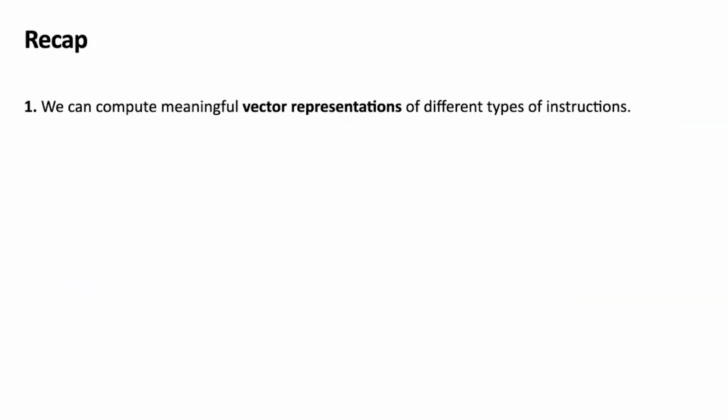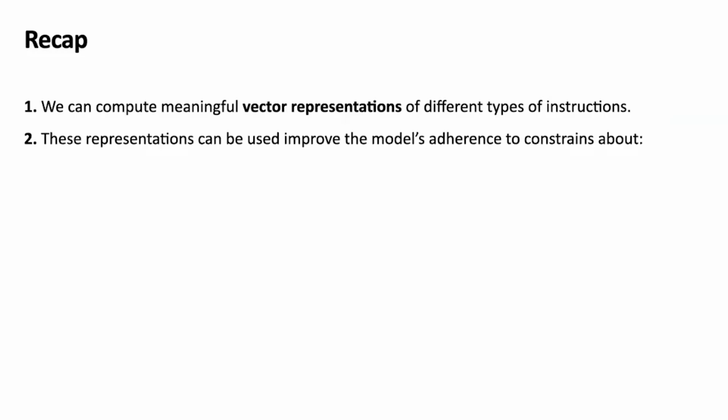To recap what we talked about today: in this work we showed that it's possible to compute meaningful vector representations of instructions, so user-specified instructions and constraints in the input. One can do that simply by taking the difference in the model's activations between two inputs that differ in the presence of the instruction we're interested in.